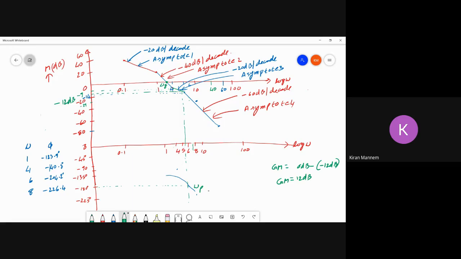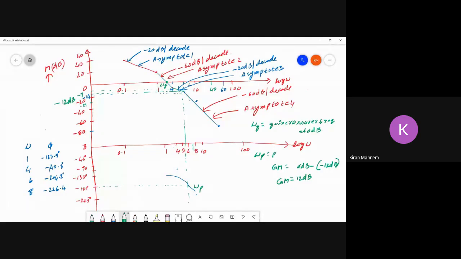So here I'll write: omega g is the gain crossover frequency at 0 dB. What is the phase crossover frequency?